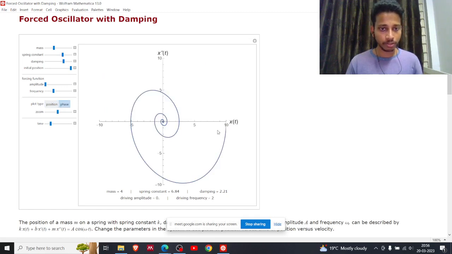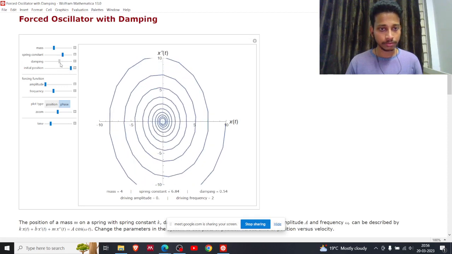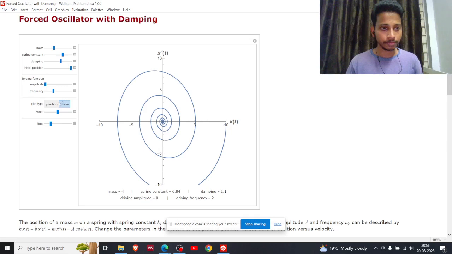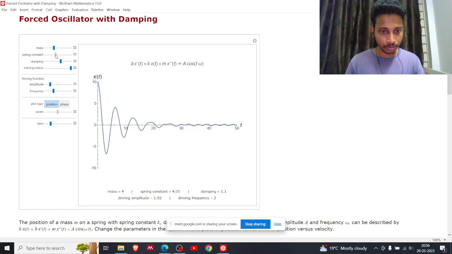Now this is the parametric plot x t and x dash t. So here you can also see the thing. Now if we go to the position and add the amplitude, so by changing the amplitude it is changing a little bit, but what will happen if we use... Let's reduce the spring constant.